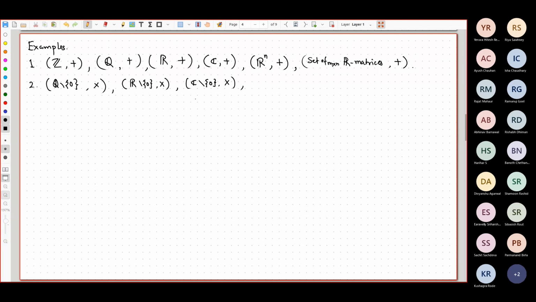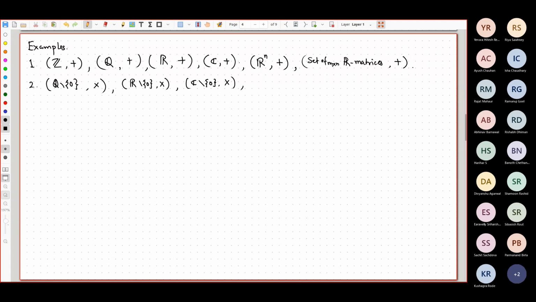What else? Anything from matrices? It doesn't make sense to multiply two vectors and get a vector. I mean, there is something called a vector product in 3 dimensions, but for general n dimensions, at least I am not aware of any natural way of multiplying two vectors and getting a vector. But matrices: definitely we cannot talk about m cross n matrices, because it's impossible to multiply two m cross n matrices if m is not equal to n.